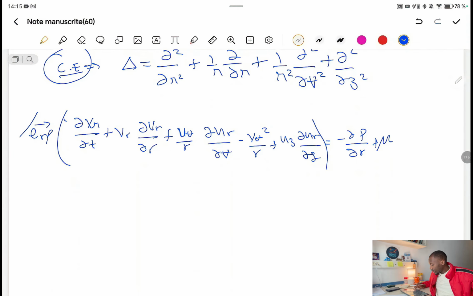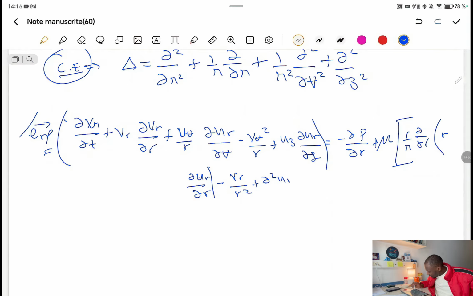So it means I have here rho, this dynamic viscosity multiplied by 1 over r times the partial derivative in r of r times the partial derivative of vr in r, minus vr over r squared, plus 1 over r squared times the second partial derivative in theta, minus 2 over r squared times the partial derivative in theta of v theta, plus the second partial derivative of vr in z.